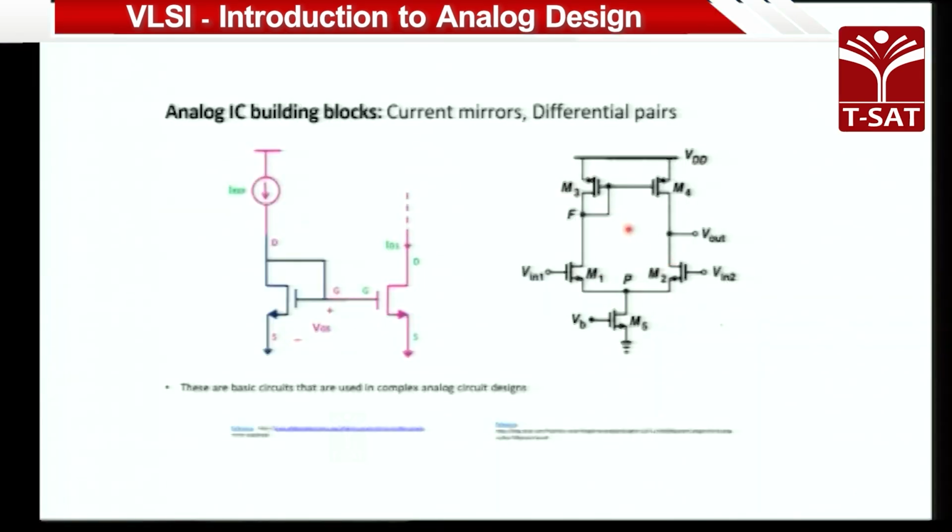You take it ready-made, and for a specific application, here we are talking about current mirroring. Mirroring means you have one current in one branch and you want exactly the same current in another branch, so you do a mirroring. It's an operation that you do by connecting the devices in this fashion.